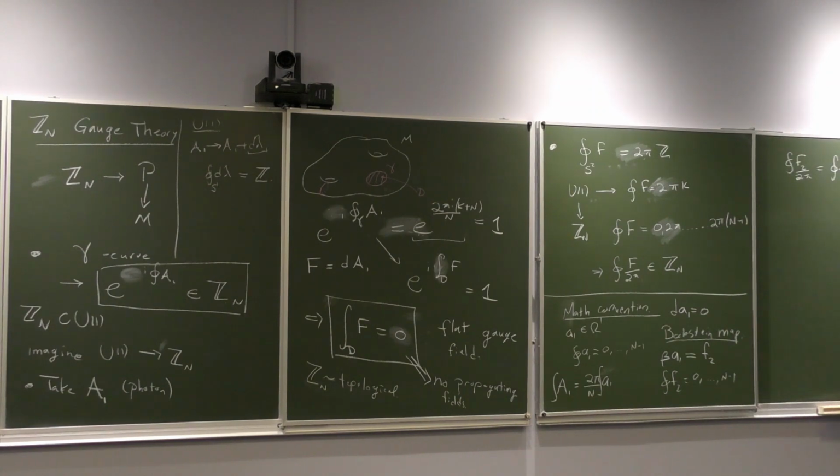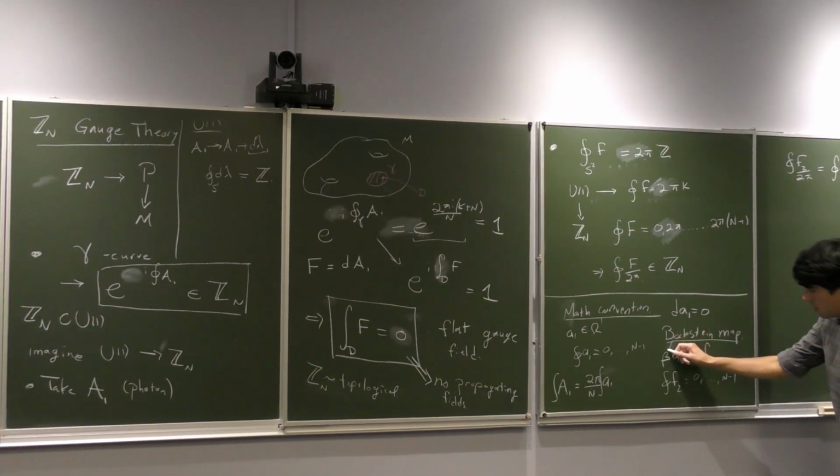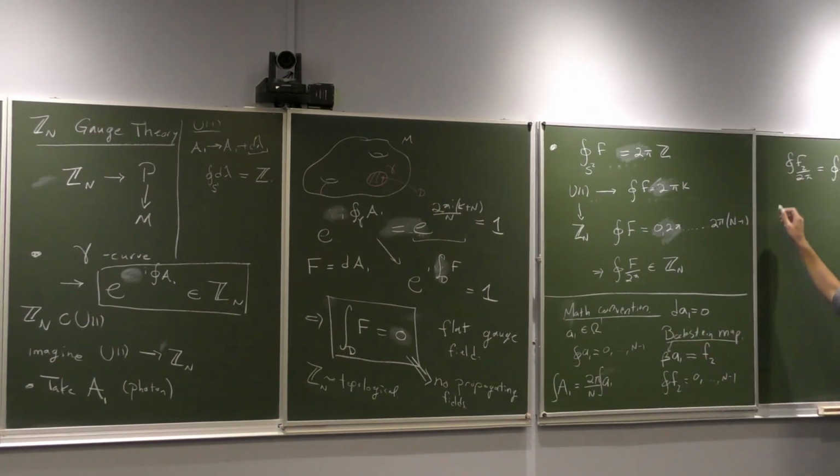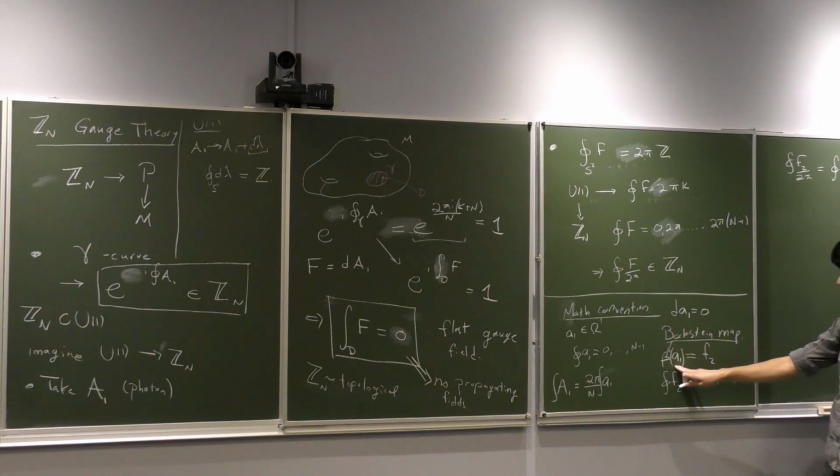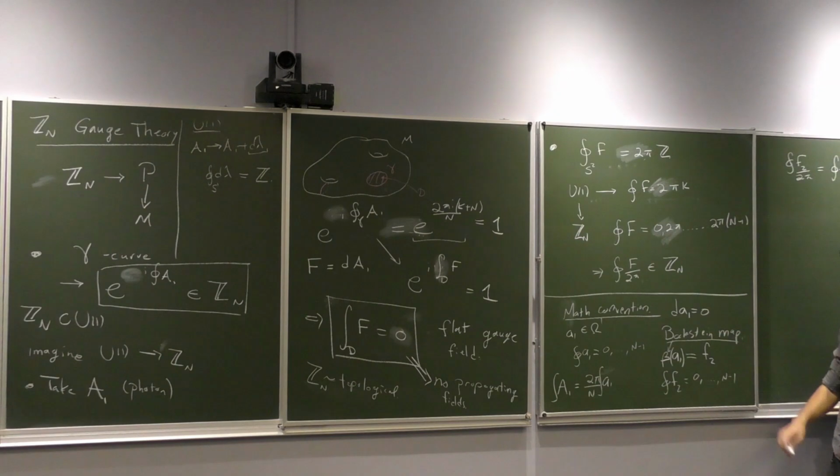And so what is that data doing? This is the Bockstein. So the Bockstein map takes your Zn gauge field and gives you a field strength, even though it has no field strength. People just call this the Bockstein, but it really is physically the field strength.